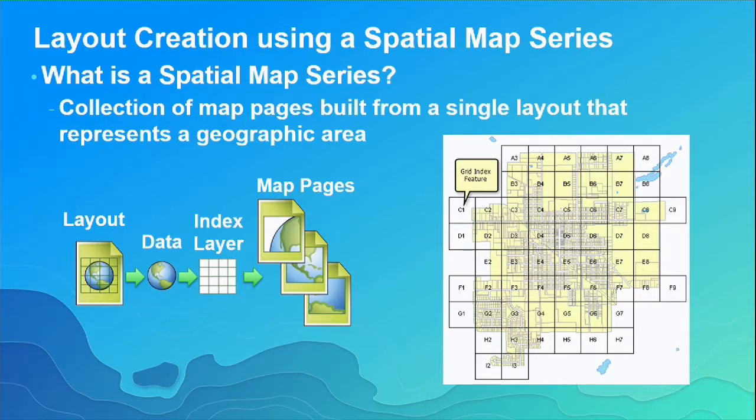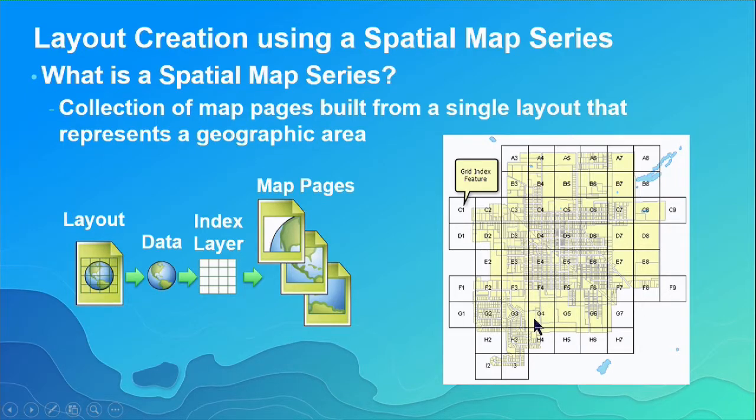But right now, we only support a spatial map series. So you can see on the flowchart on the bottom, we need a layout for this. We need some data. And what we need is a polygon index layer that we can use to then produce our map pages for each one of the records in the polygon index layer.